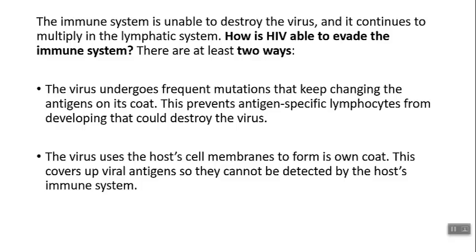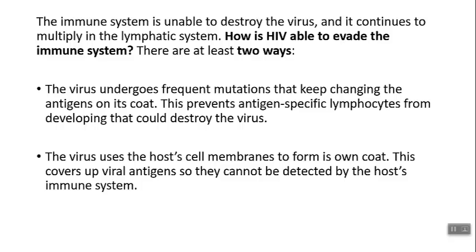When it enters the T cells, it uses the membrane of the host to coat its DNA. This covers up the viral antigens so that they cannot be detected by the host immune system, because our body's immune cells would think that it is self, and self is recognized as self.